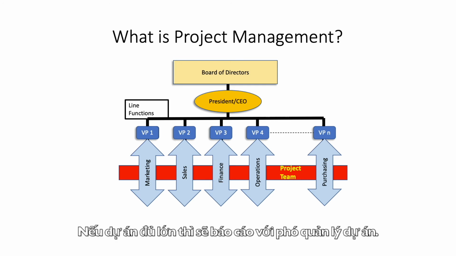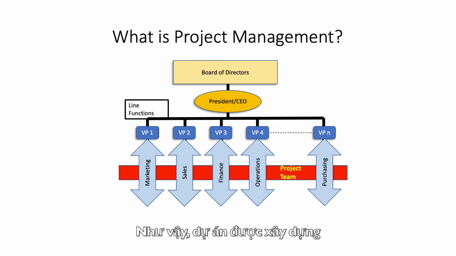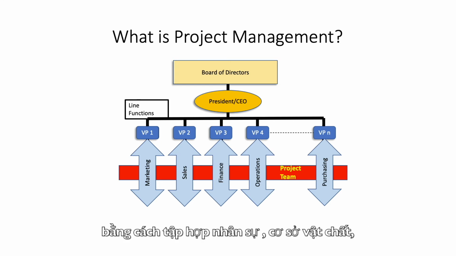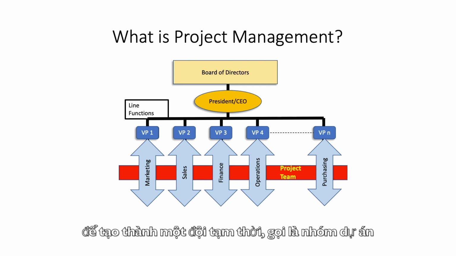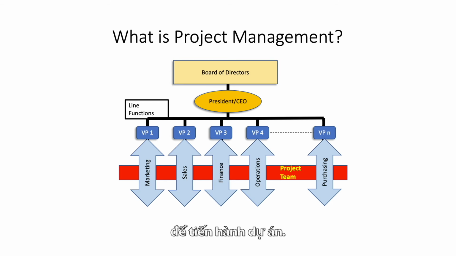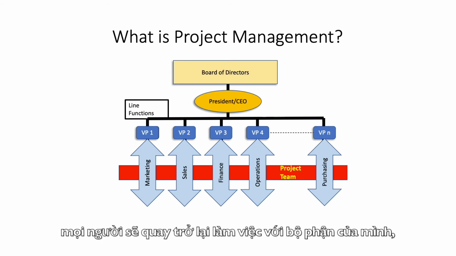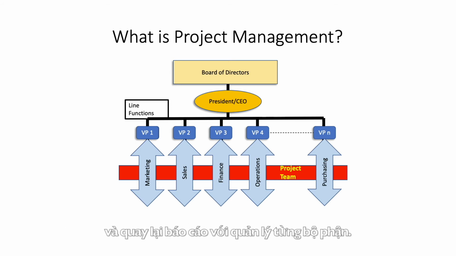If the project is large enough, there would be sub-project managers. So the project is built by bringing people and equipment resources from each of the various line functions to form a temporary team, a project team, that executes the project. Once that project is complete, the people now go back to their original organization and report again back into the structure that each of the line functions have.